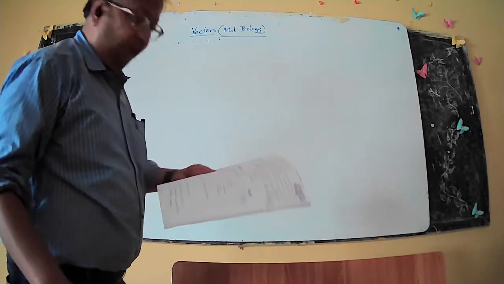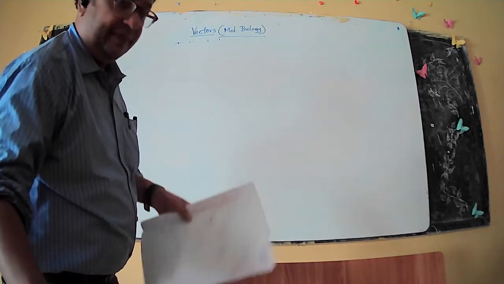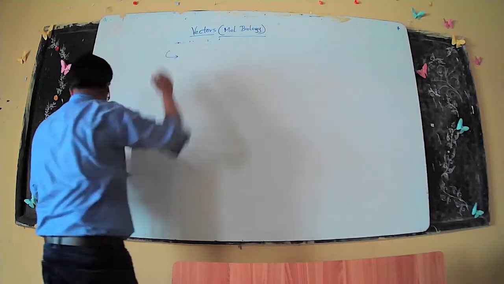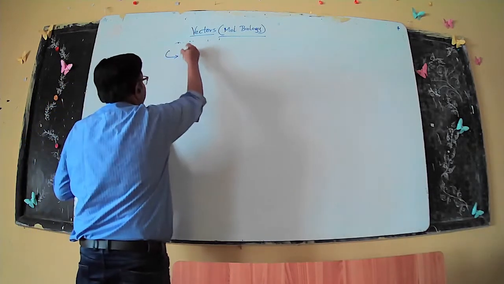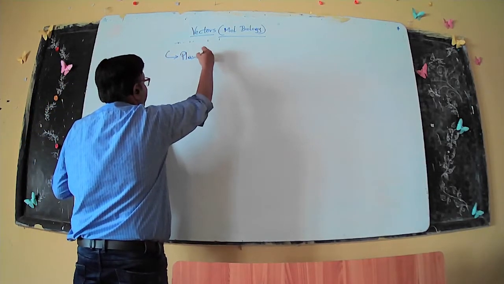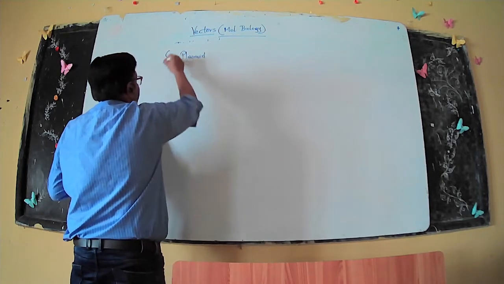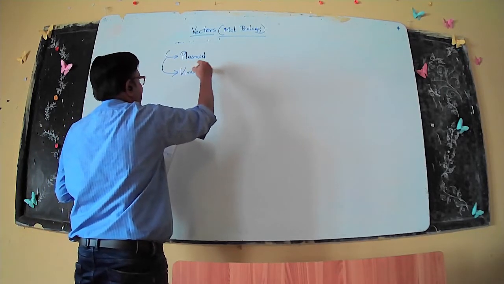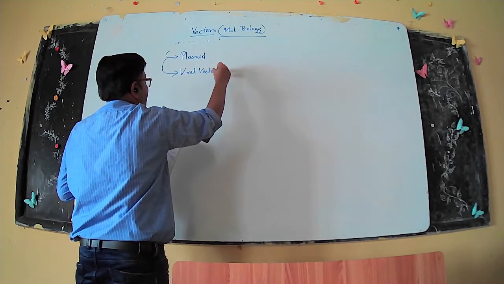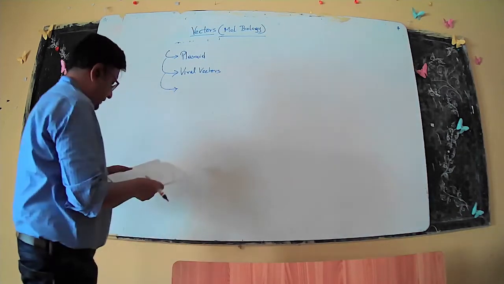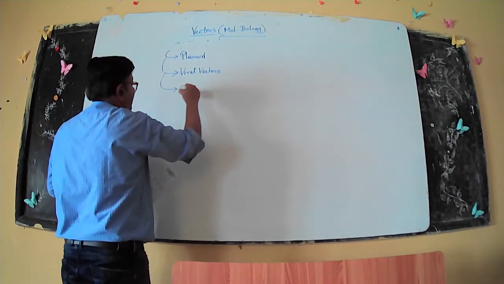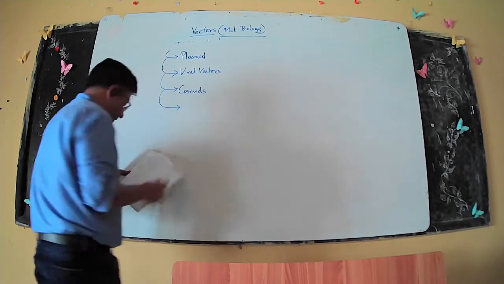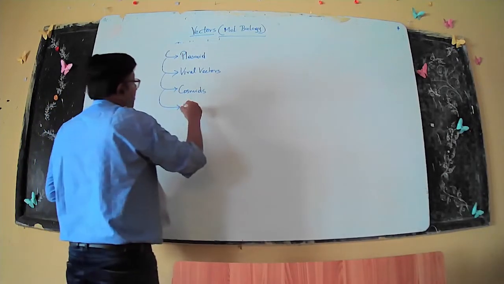Okay, so there are 4 major types of vectors. First is the plasmid, which we will study in detail. Then you have viral vectors. Then you have cosmids. And then you have artificial chromosomes.